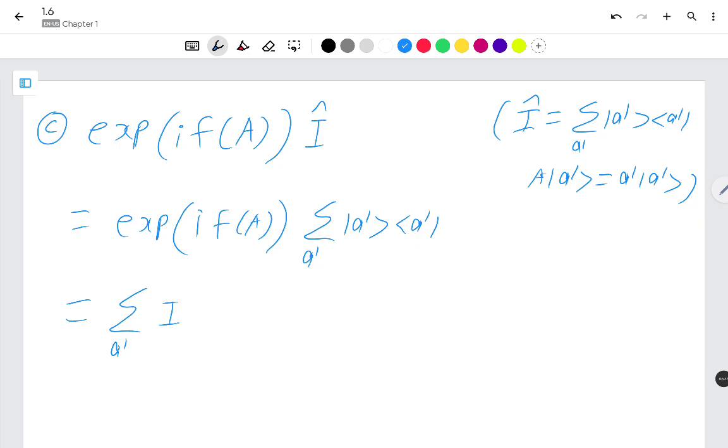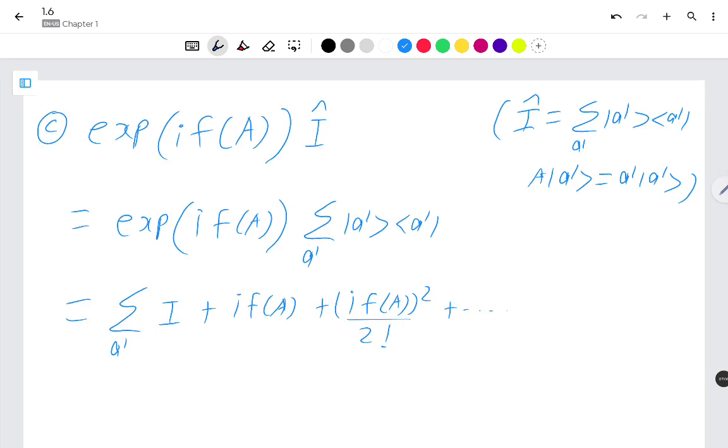Identity plus i of a plus i of a squared over two factorial, and so on, and all of this operated on this.